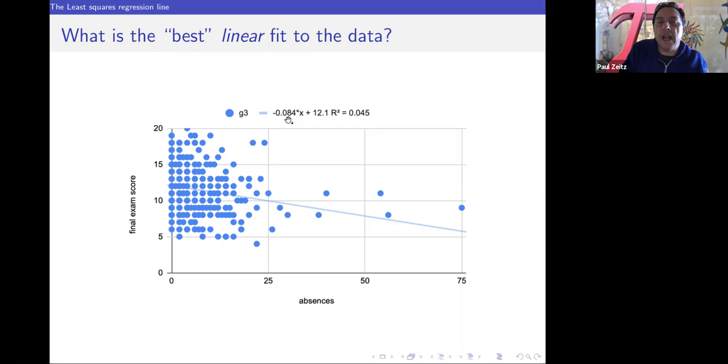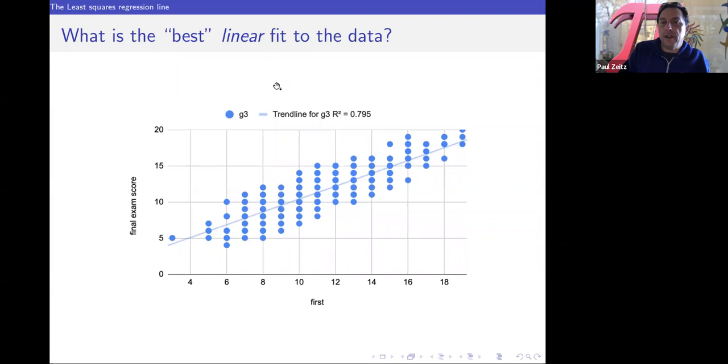I implied best with my slightly sadistic analogy of minimizing pain. But if you don't like minimizing pain, here's another way of thinking about it. What we're going to do is look at what's called the least squares regression line.